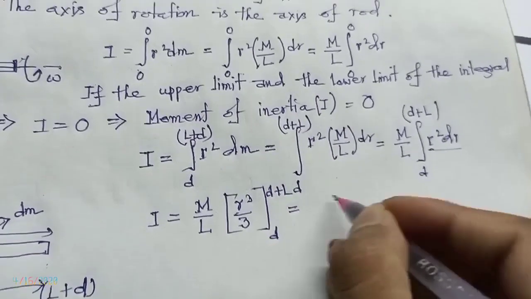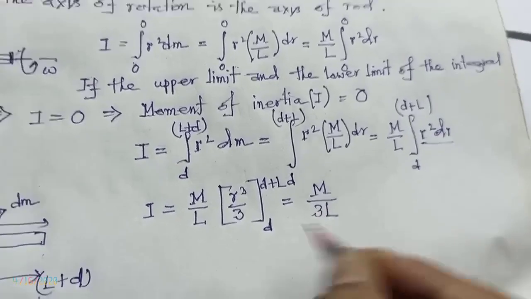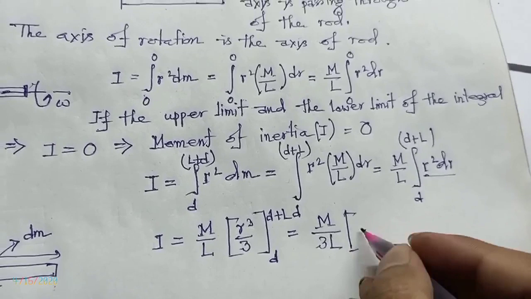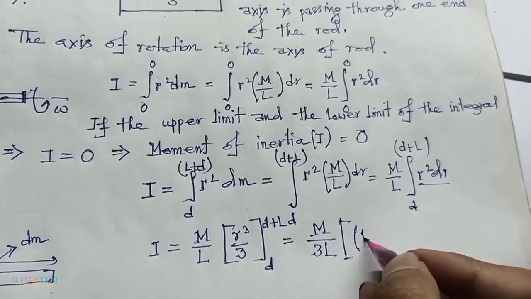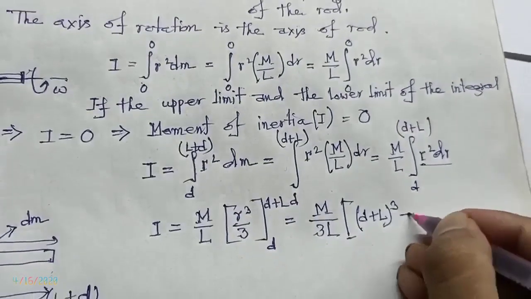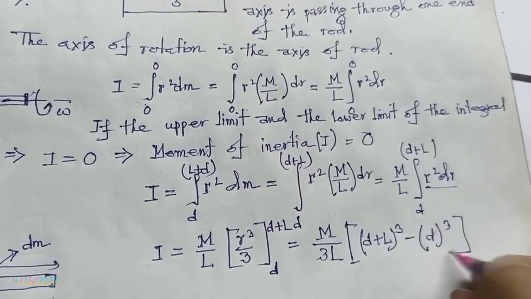It will become m divided by 3l, because 3 is constant, into d plus l cube, first upper limit minus lower limit, minus d cube.